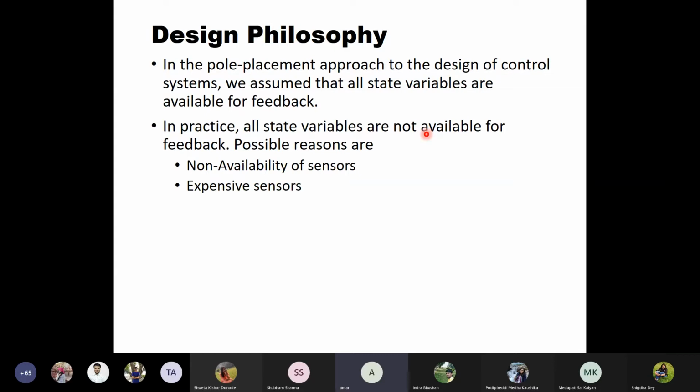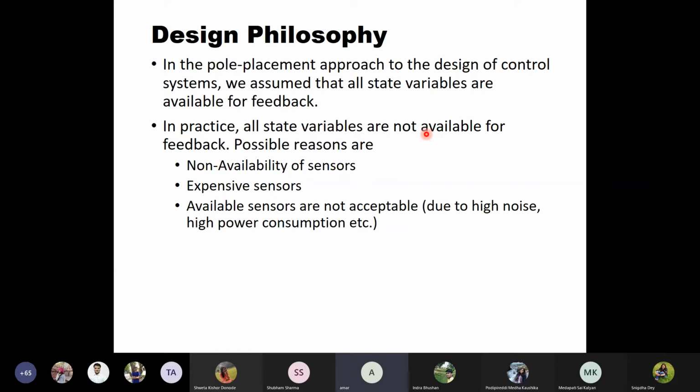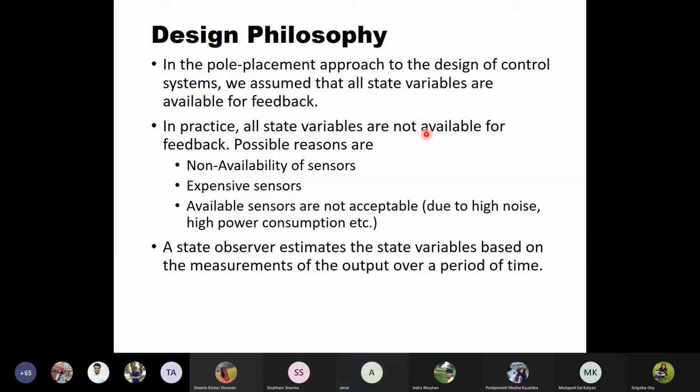Because of these expensive sensors, and in some cases, the available sensor may not be acceptable due to high noise, high power consumption, etc. So in that case, we have to design a state observer which will estimate the state variables based on whatever available measurements of the output over a period of time.